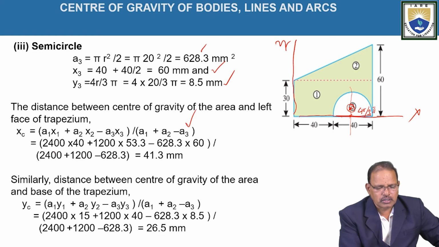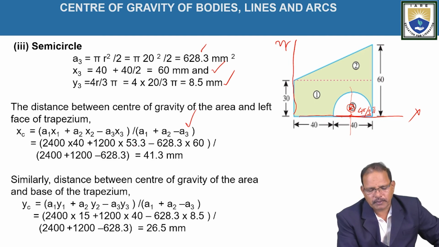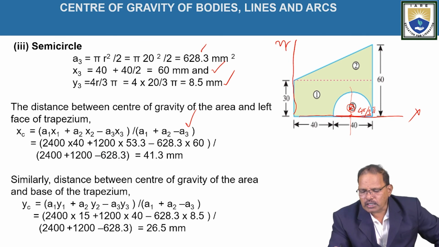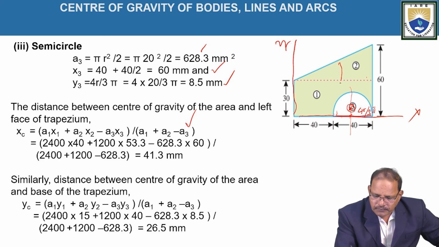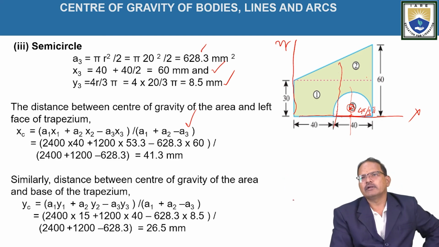So a1 is equal to 2400, x1 is equal to 40, plus a2 is 1200 into x2 which is 53.3, minus 628.3 into 60, divided by a1 2400 plus a2 1200 minus a3 628.3, and on simplification we get 41.3. That is, xc is equal to 41.3 mm, which lies somewhere on this line.